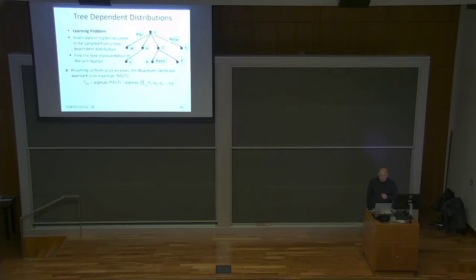Now you can already see why I talked about inference before. Because when we evaluate the likelihood of the tree, we should be able to compute the probability of a given assignment, right? Which is the inference problem. Okay, so now that we have this, how do we compute?